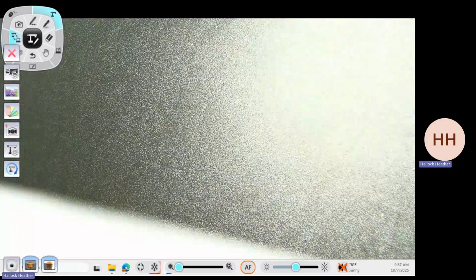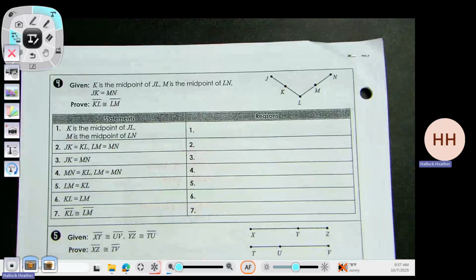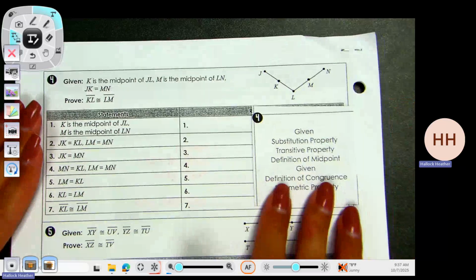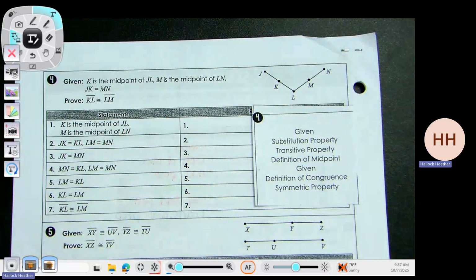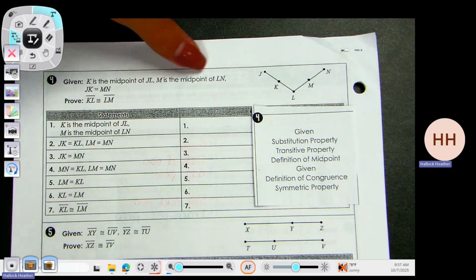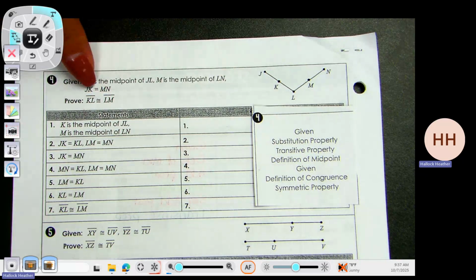So take a minute. 4 is kind of long. Here's my options for 4. Now, when you look at your options for 4, what do you notice? There's 2 givens. They split up your given information, because they gave you a lot for given. It says K is the midpoint of JL, M is the midpoint of LN, comma, JK equals MN. So I'm looking for the first step.